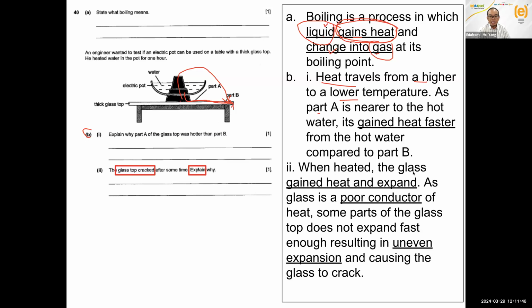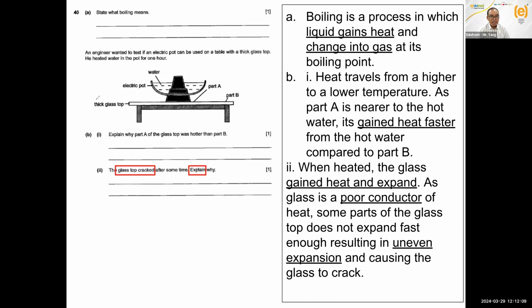So when heated, the glass gains heat and expands. As glass is a poor conductor of heat, some parts of the glass do not expand fast enough, resulting in uneven expansion. So which part doesn't expand fast enough? The part which is further away, right?